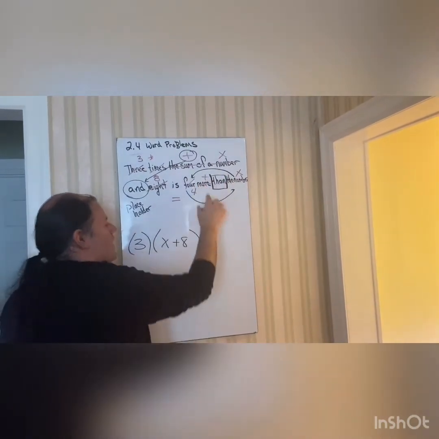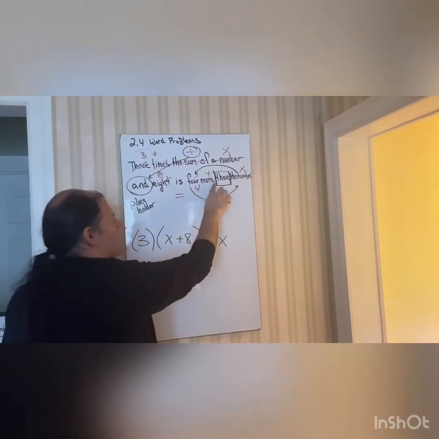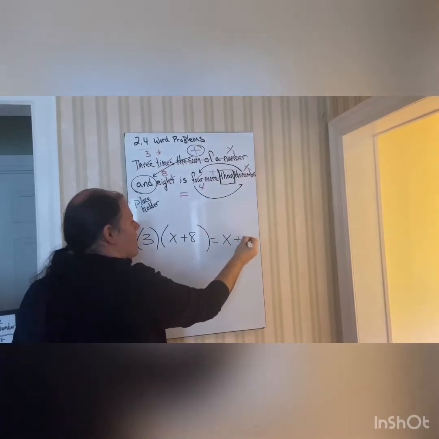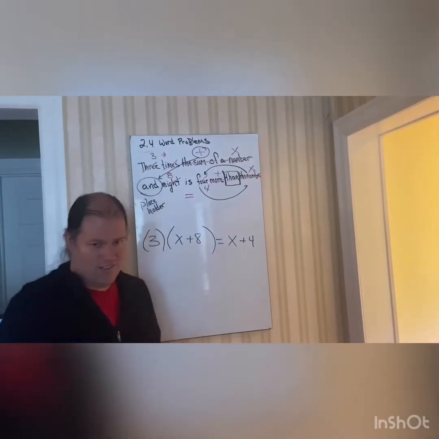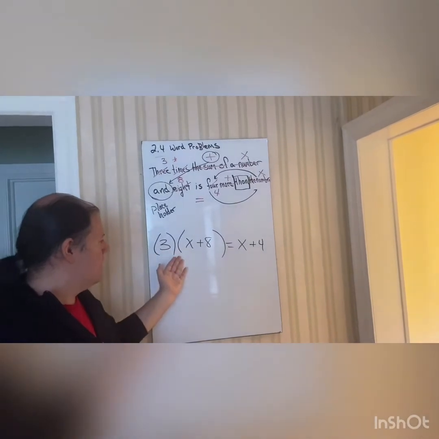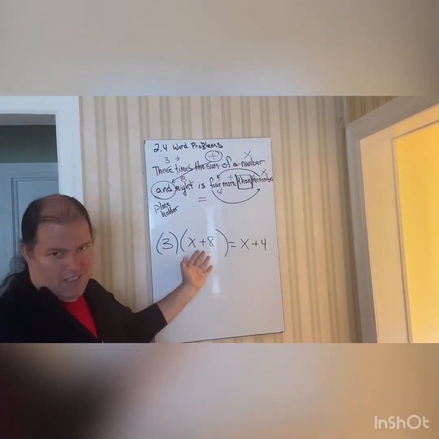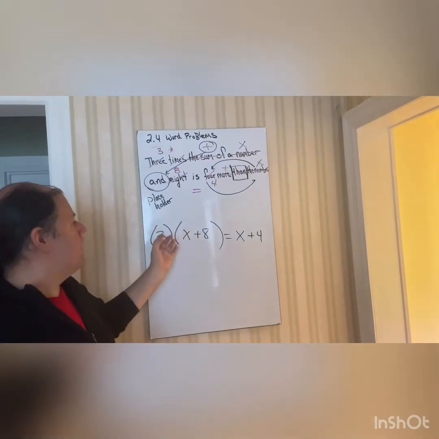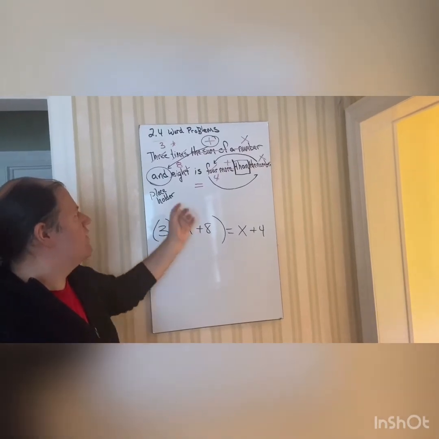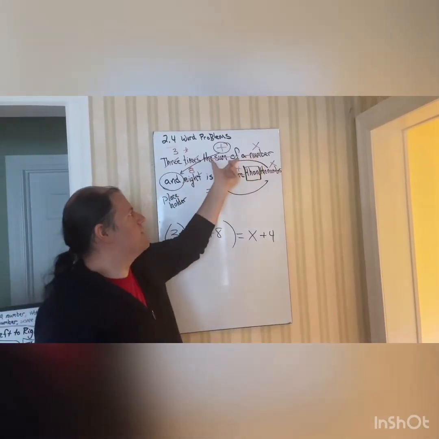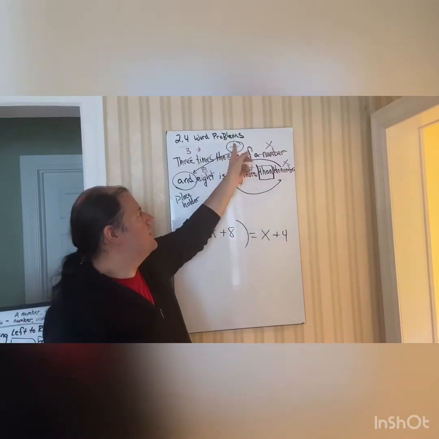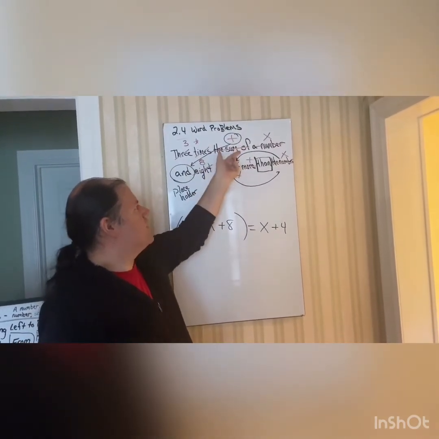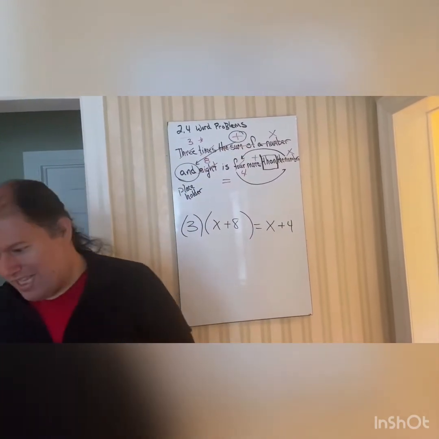So we're going to do x first plus 4. Okay? So this is 3 times sum of x plus 8. If I wanted just the 3 and the x, I would have said 3 times x. Remember, the sum is still, it's going to be here, but the word sum still is in play.